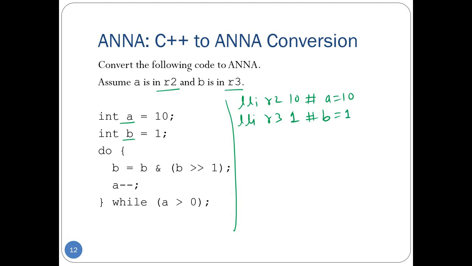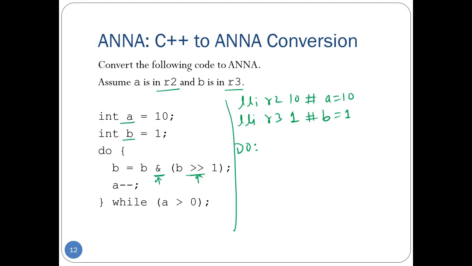Now after this, let's begin the do while loop. So let's make a label do over here, and now the first statement inside this do while loop is actually two operations, right? So the first is this AND operation, and then the second operation here is the shift operation, right? So let's first do the shift operation and then we will combine it with the AND operation.